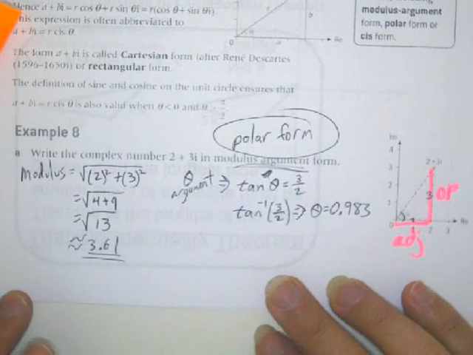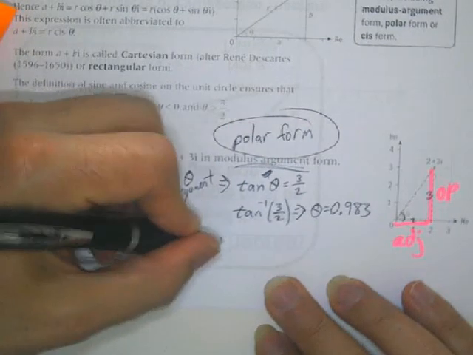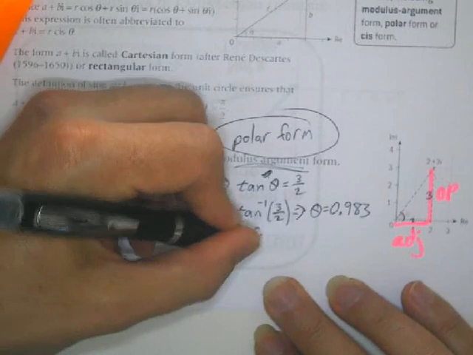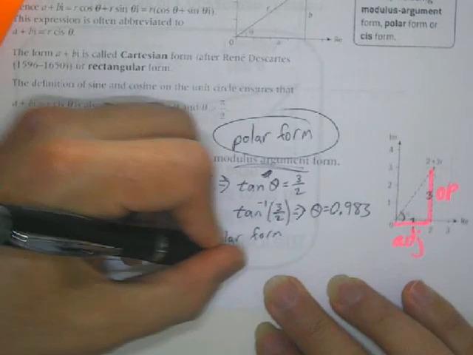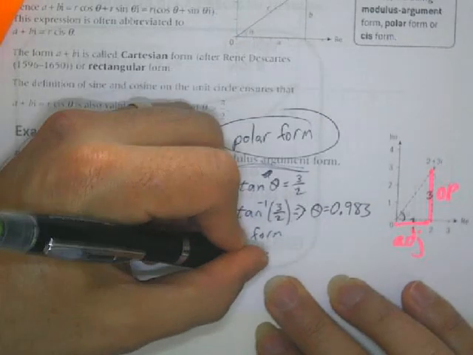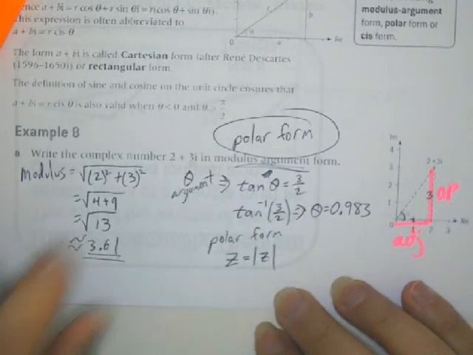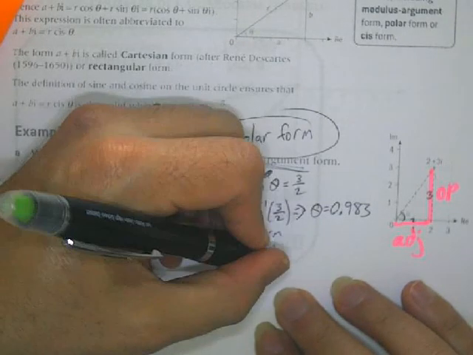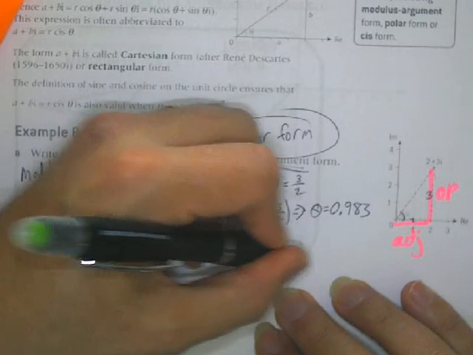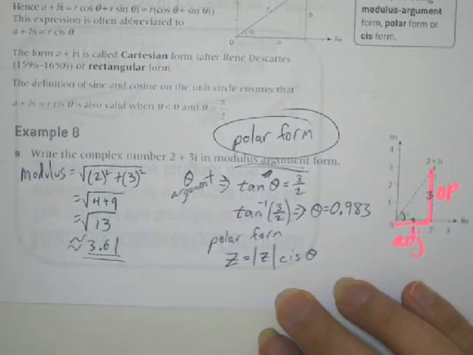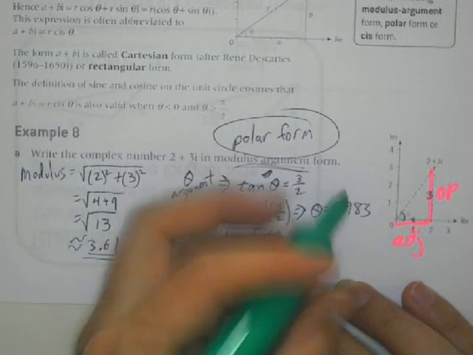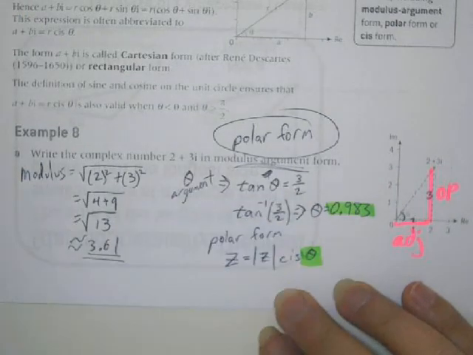So polar form looks like this. We've got our modulus and cis and our angle. Okay, so our angle is this, and our modulus is this.